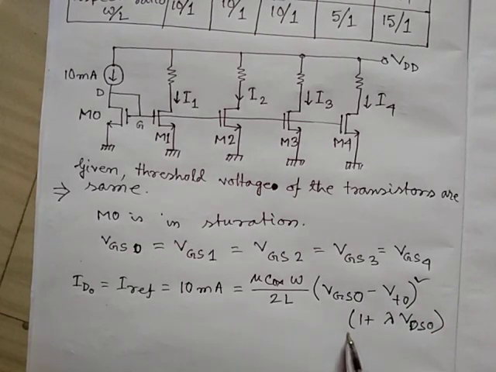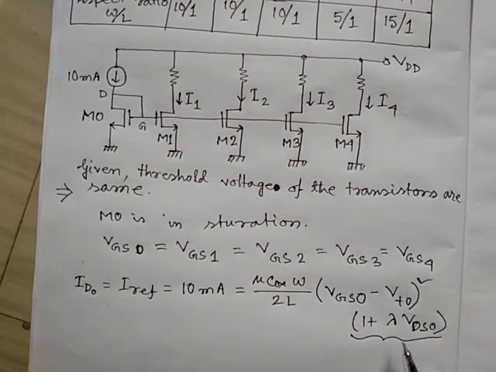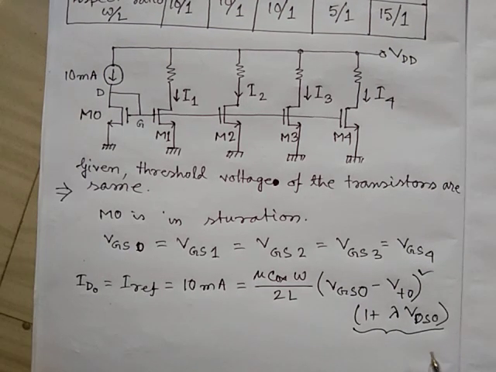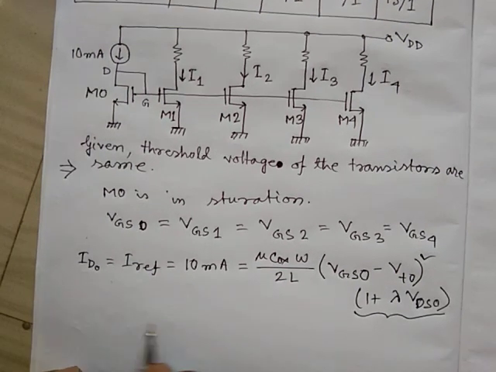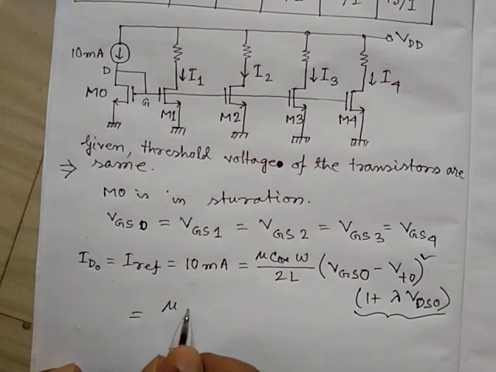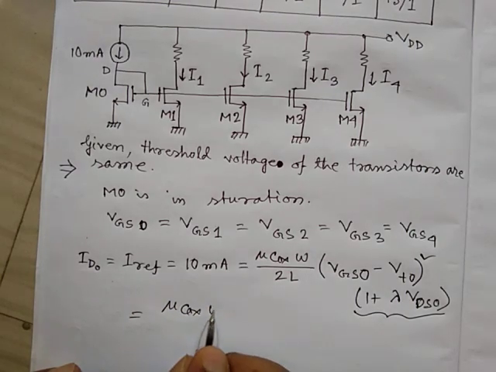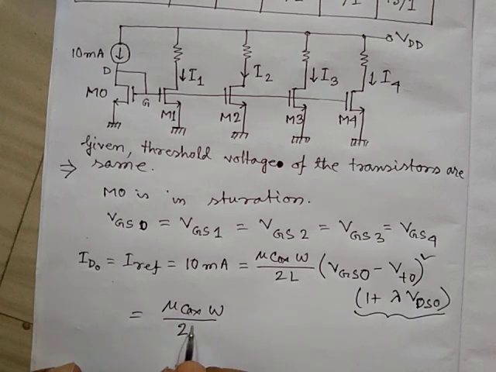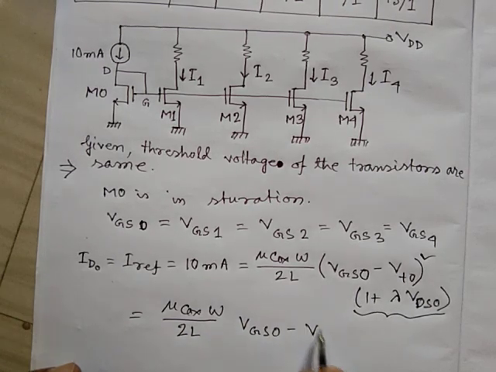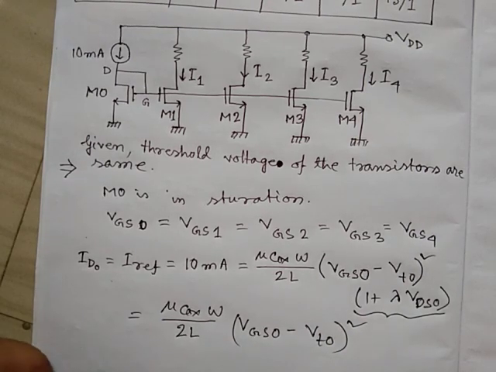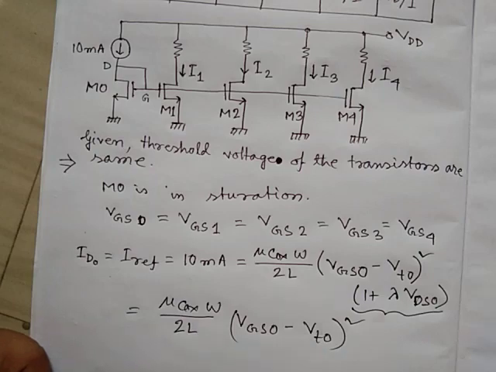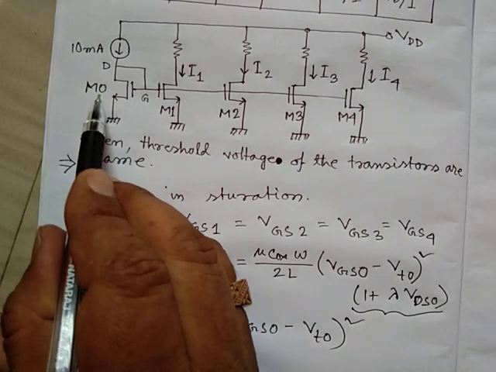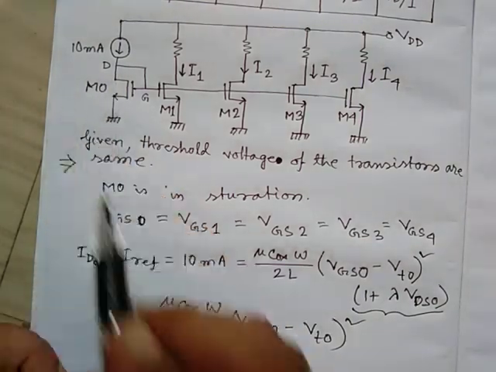We are neglecting this term here, considering no channel length modulation effect. So we can write mu Cox W by 2L (VGS0 minus VT0) whole square. This is the current passing through the M0 transistor.